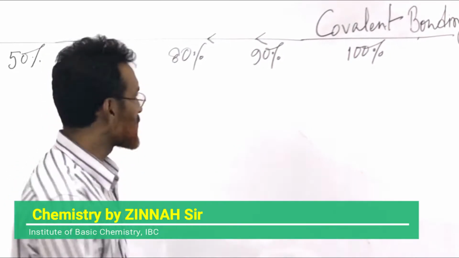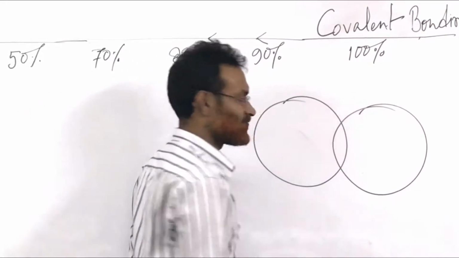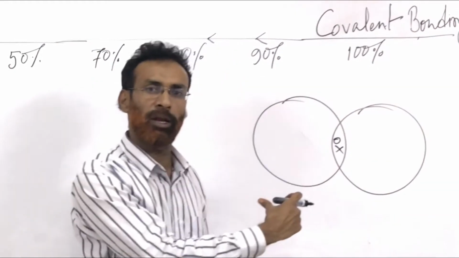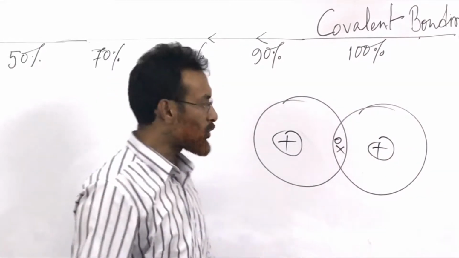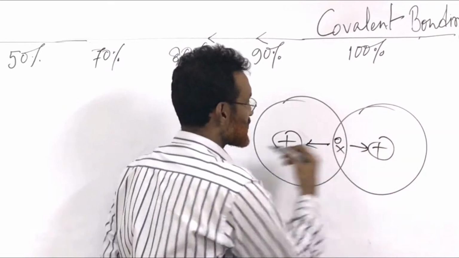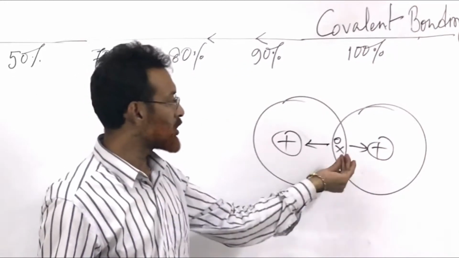Let's see. Here you consider an atom and here is another atom, and both the atoms put a pair of electrons in the middle, and their nuclei are attracting the shared electrons. Because nuclei are positive, certainly they will attract the shared electrons.